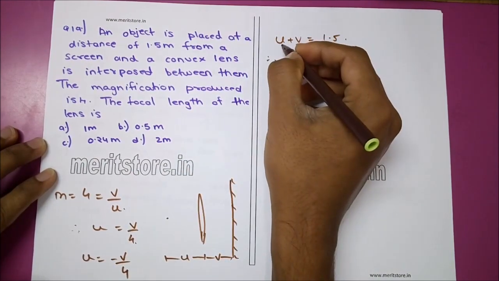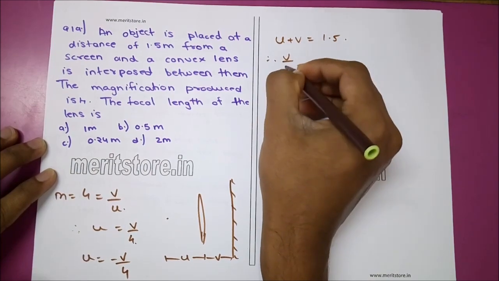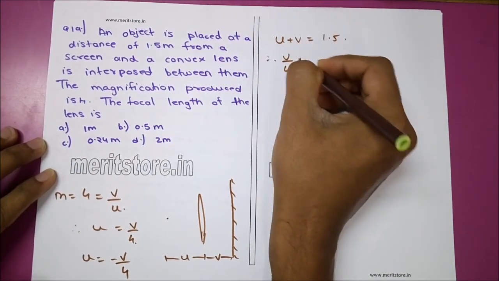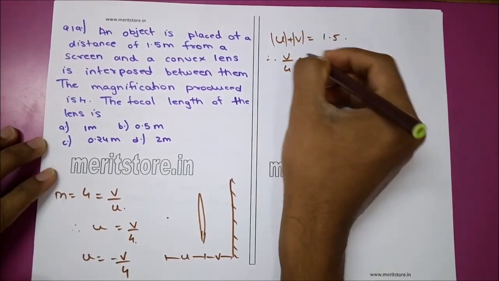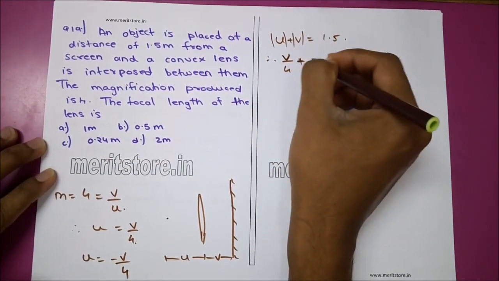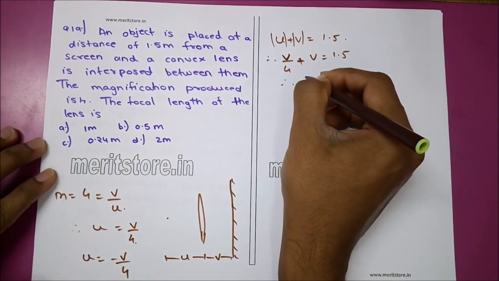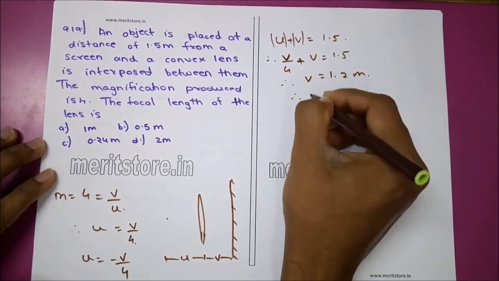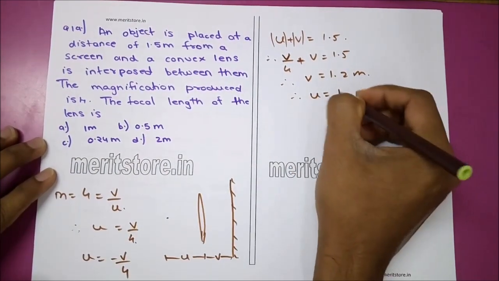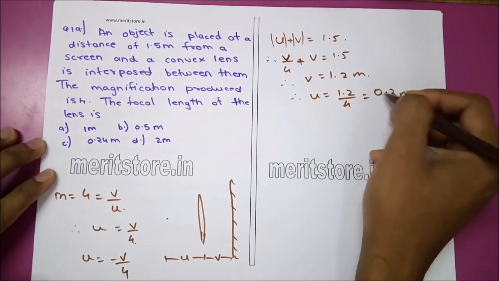Therefore, let's write u as v by 4 plus v, just considering the magnitudes and not the direction over here. So v by 4 plus v is equal to 1.5. Therefore from this the value of v we get as 1.2 meters, and hence the value of u comes as 1.2 upon 4, which is 0.3 meters.